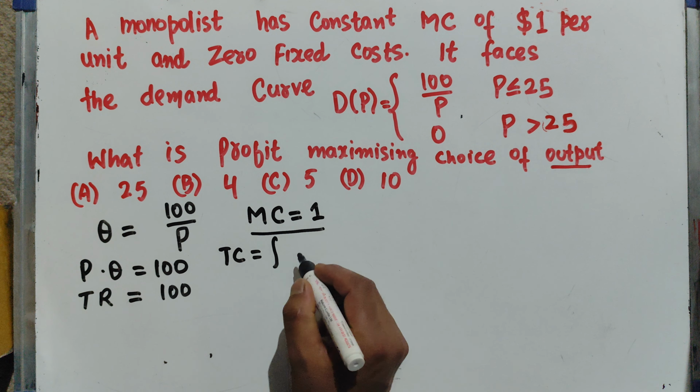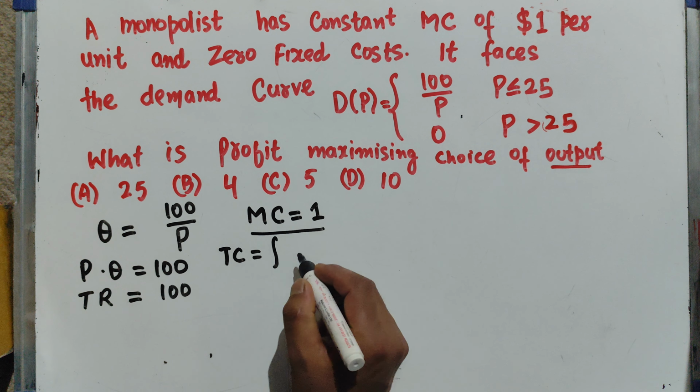Since this is the profit function and we have the constant total revenue here, this profit will be maximum since we have only one variable here, which is quantity. So profit will be maximum when this quantity will be minimum. So when we have the minimum quantity, profit will be maximum for this monopolist.